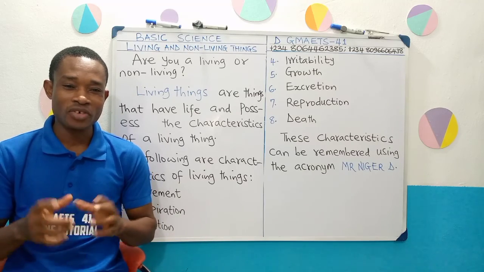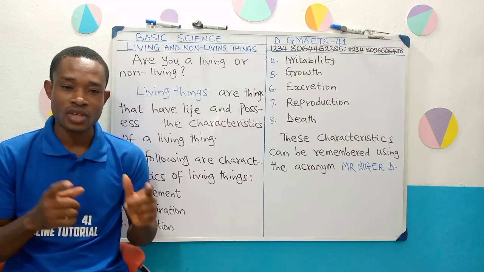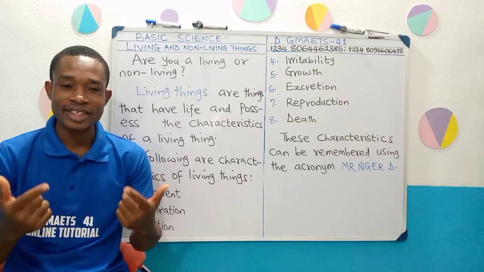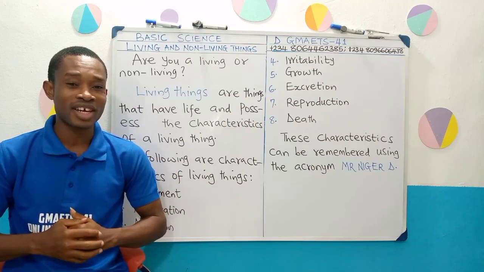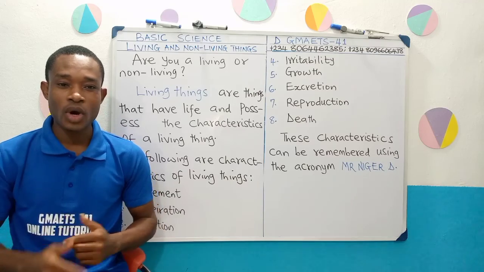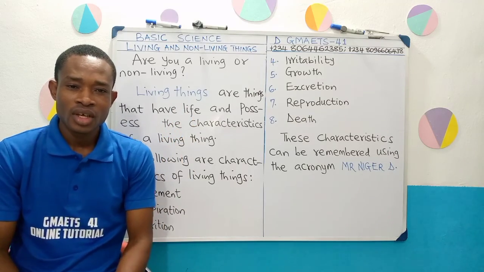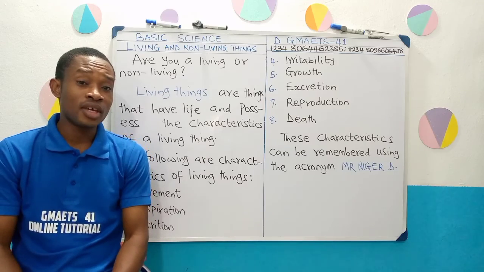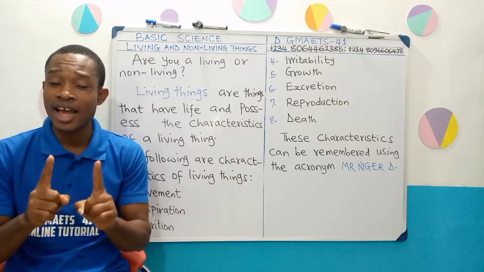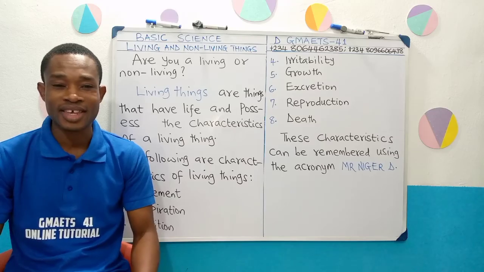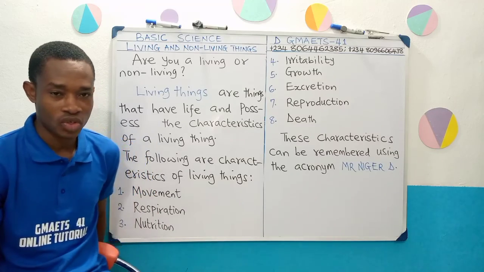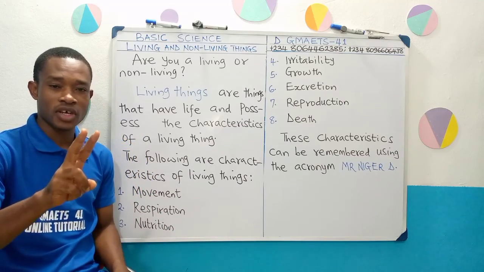Today, we are going to find out what living things are and how we can identify living things with their characteristics. On the board here, we have the definition of living things. Living things are things that have life and possess the characteristics of living things. So there are two main points here.